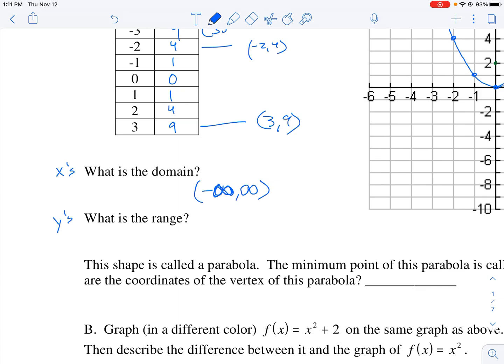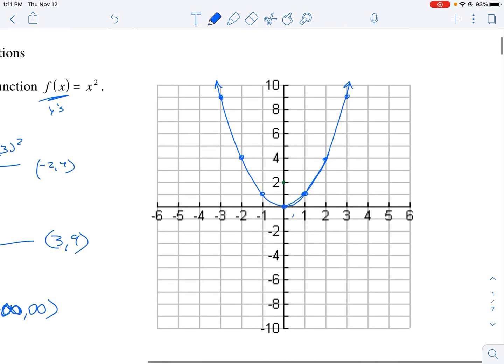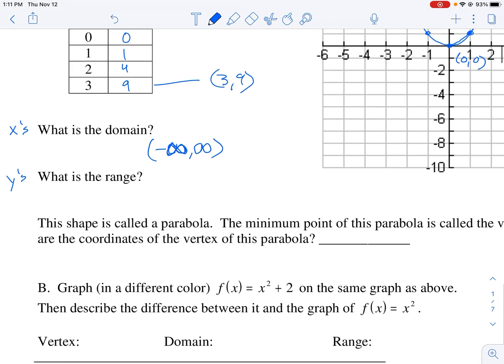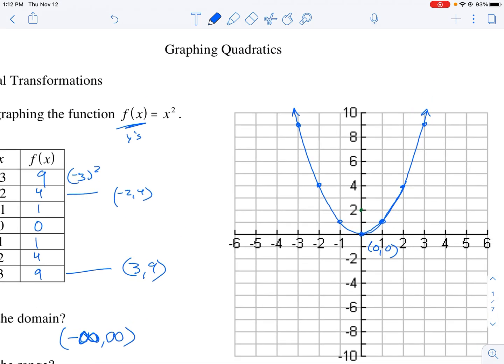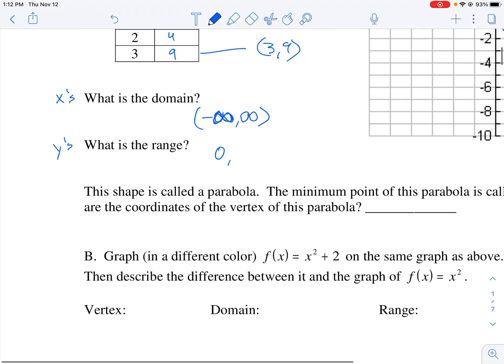And then for my range, you have to think about what's the lowest y value on this. What's the lowest possible y value? And it's down here. And this point here is at 0, 0. And that means the lowest possible y value is 0. And since our arrows are going up on both sides, this is going to go up forever. So the highest y value is actually going to be infinity.